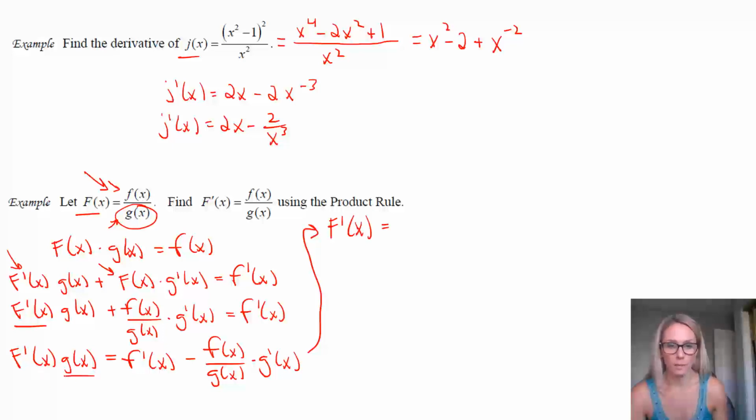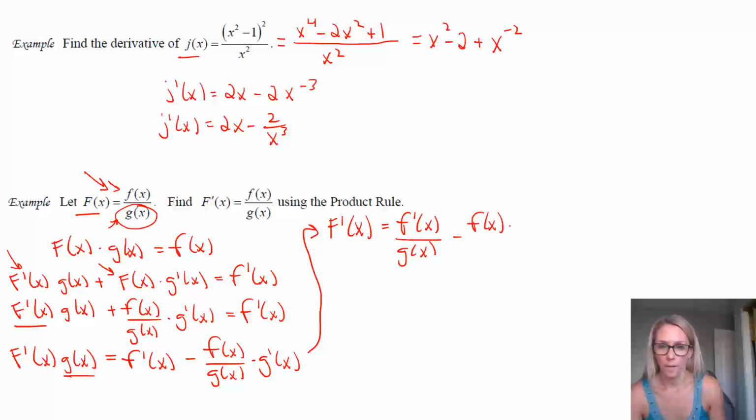So I'm taking my g of x here, dividing both sides. So I'm going to have f prime of x over g of x minus f of x, and I'm going to bring that g prime of x up like that, because as a fraction it's over 1. And then in my denominator here I have the g of x, but also another g of x, right, because I divided that piece by g of x, so g of x squared.